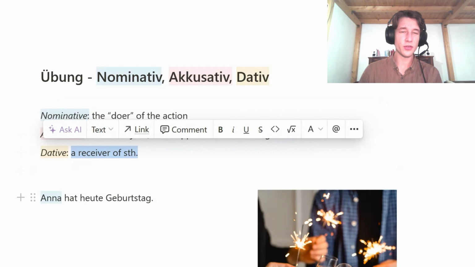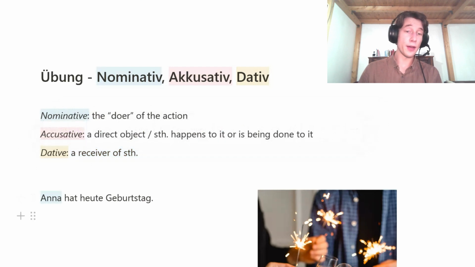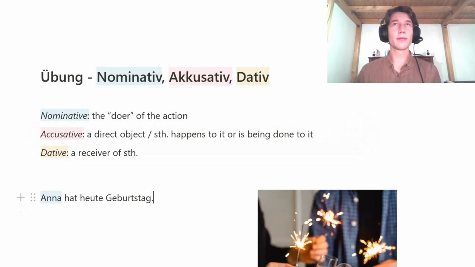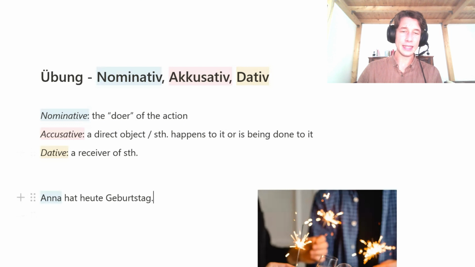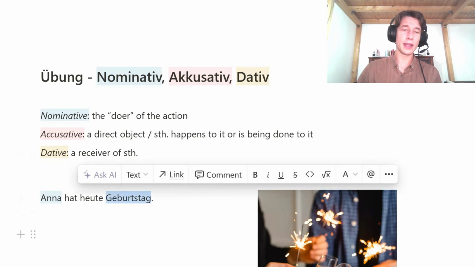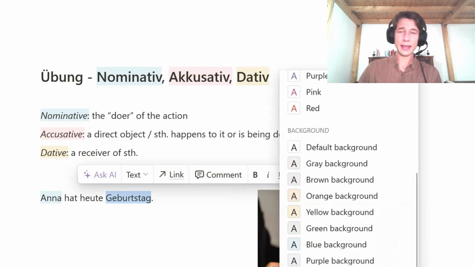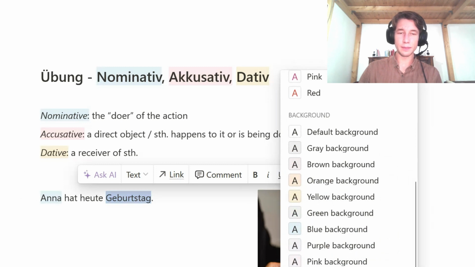Now, it clearly doesn't receive anything, right? Rather, it is being possessed by Anna. Anna owns that birthday in the abstract grammatical sense. So this birthday is being possessed. It is being had by Anna, if we're translating it very literally. And that's why we assign accusative to it.